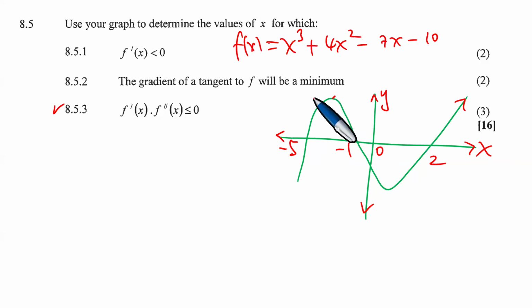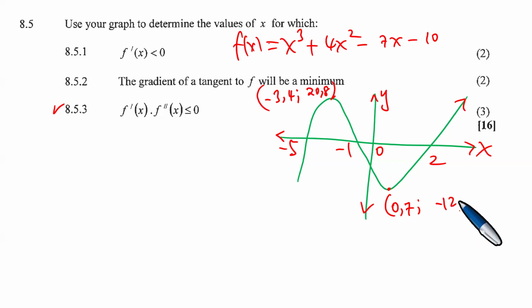We have put the things. And then this one, which is minus 12.6. This is what we have. Yeah, this is the sort of graph we're having.